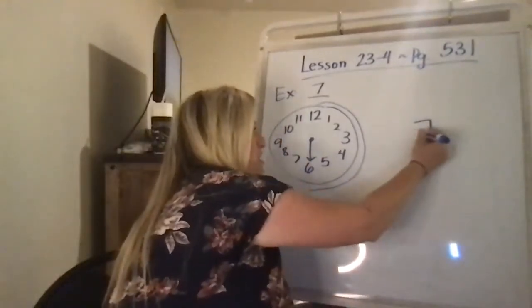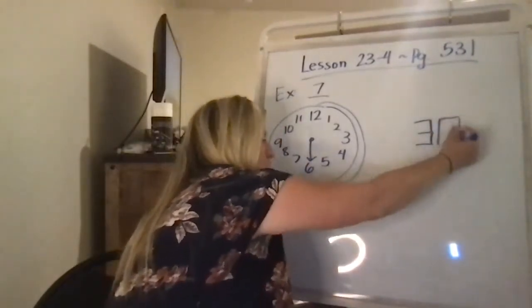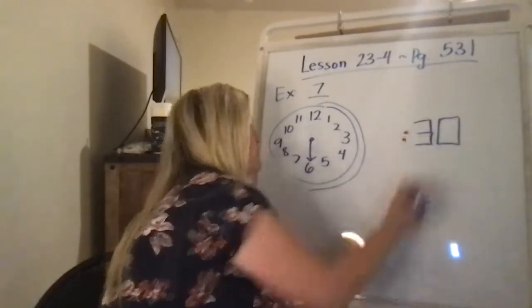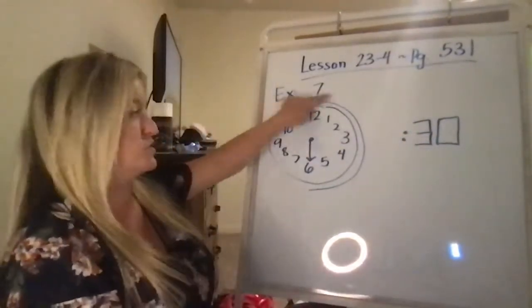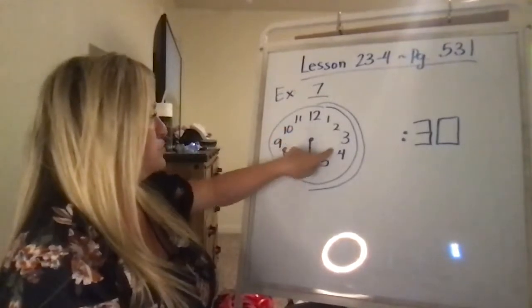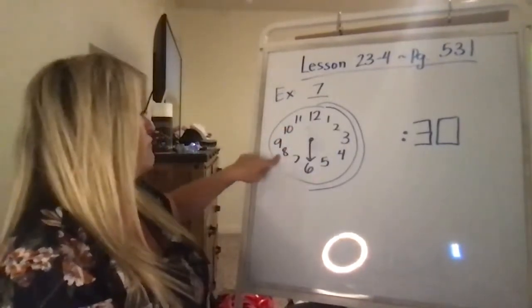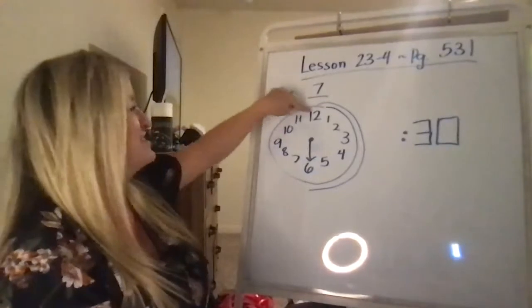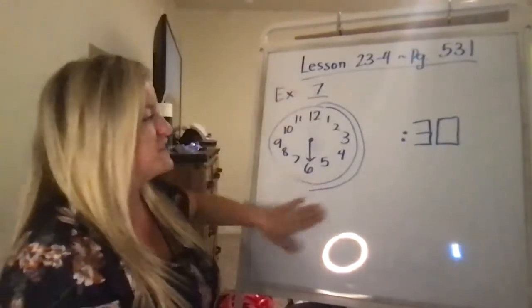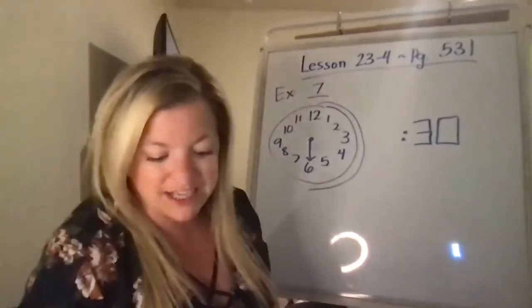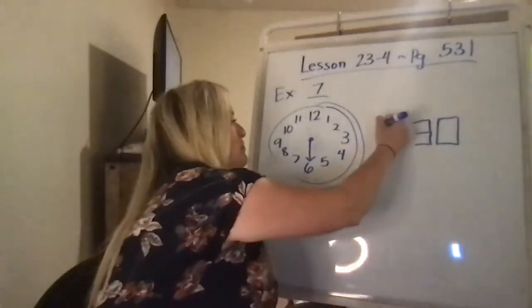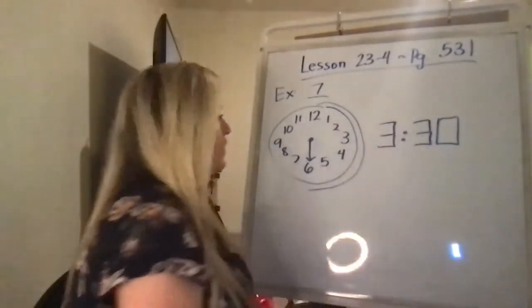So I'll put 30 in my digital clock because half of 60, which is this whole circle, 5, 10, 15, 20, 25, 30, 35, 40, 45, 50, 55, 60. Half of 60 is 30. Now it is 3:30. So I'm going to put 3 there on my digital clock.